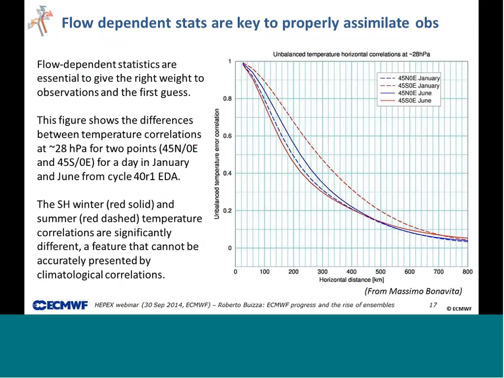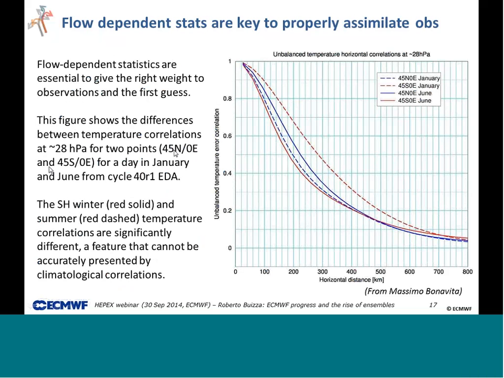And as you can see from this plot, this matters a lot. These are the horizontal correlations at one grid point. This is the correlation length in summer and in winter, in red for one place, for two different points.